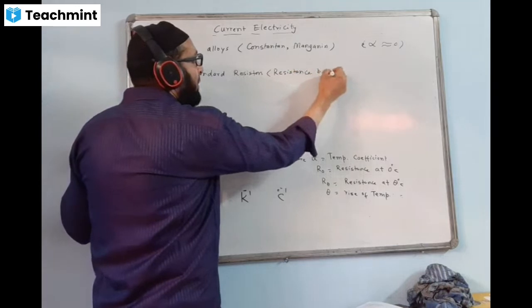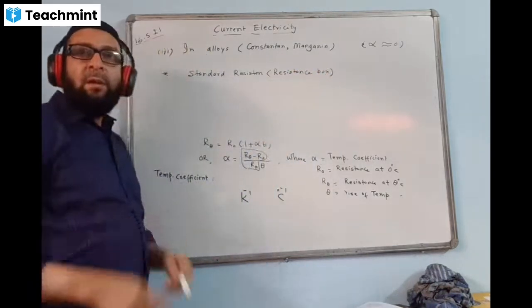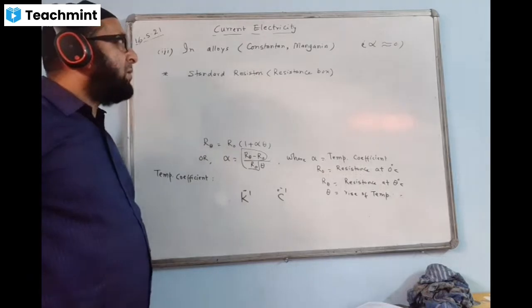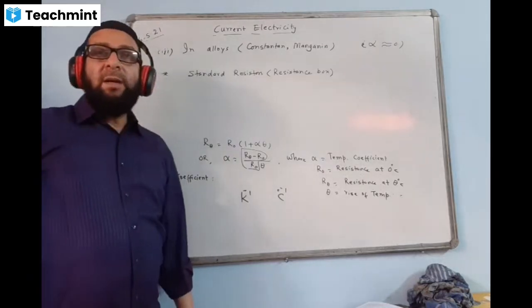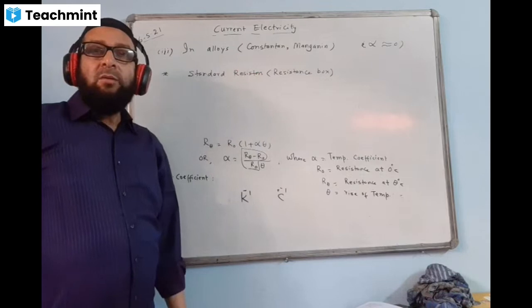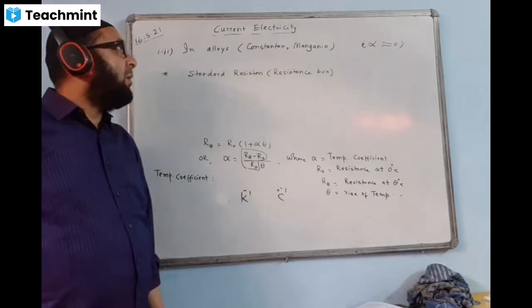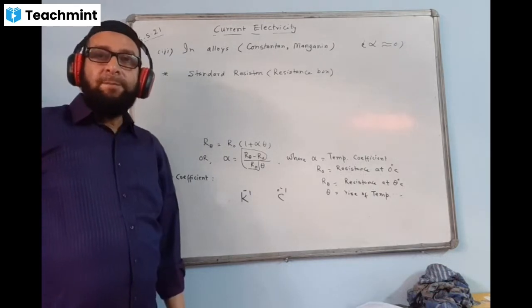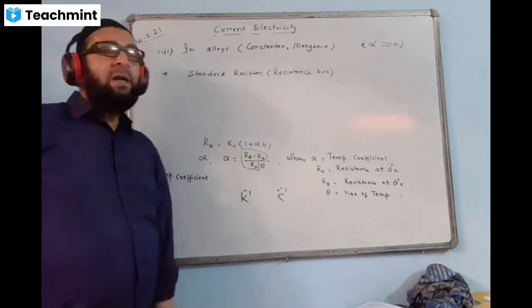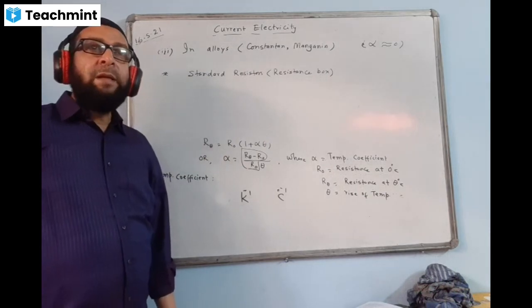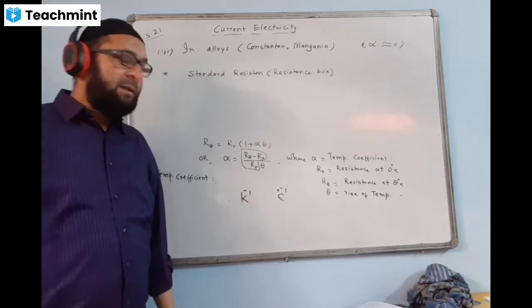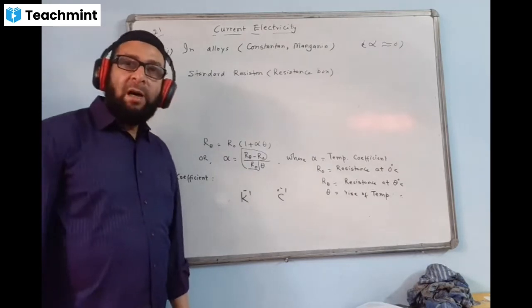Resistance boxes are usually made of standard resistors, usually made of the alloy constantan or manganese, because it has low temperature coefficient and high resistivity.